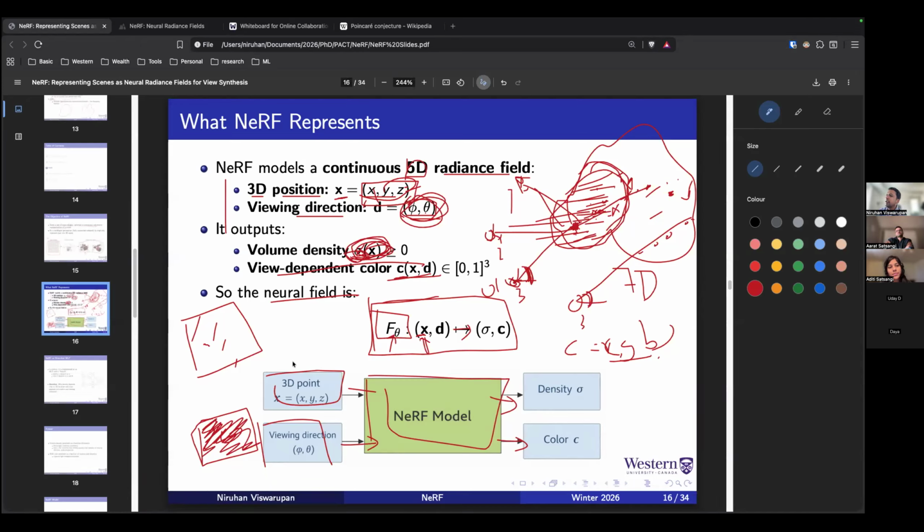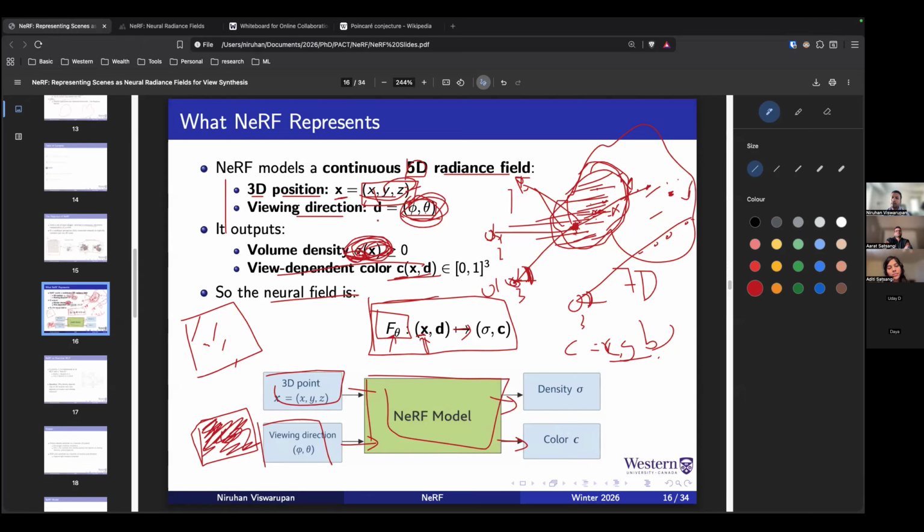So this is not exactly like a mass density, which is a density of mass over volume. This is a density that we are training. We will train the neural network model. So this is a density in the sense of absorption and emission.